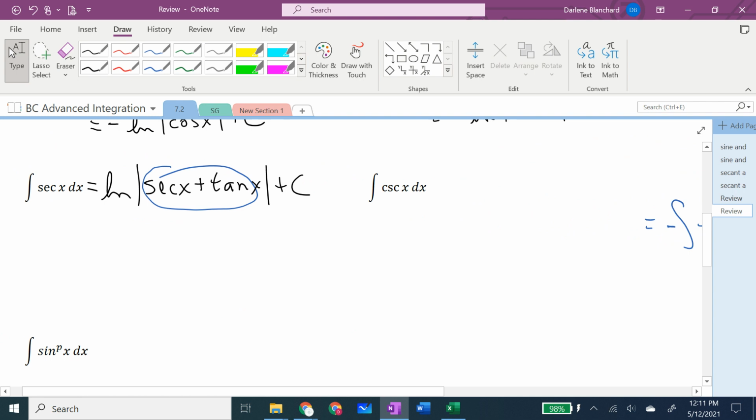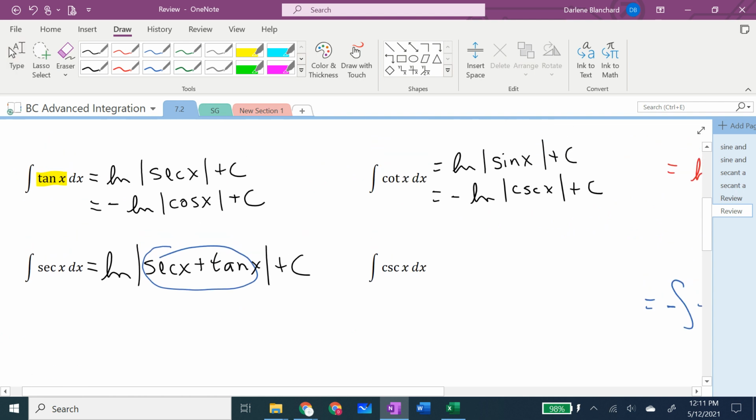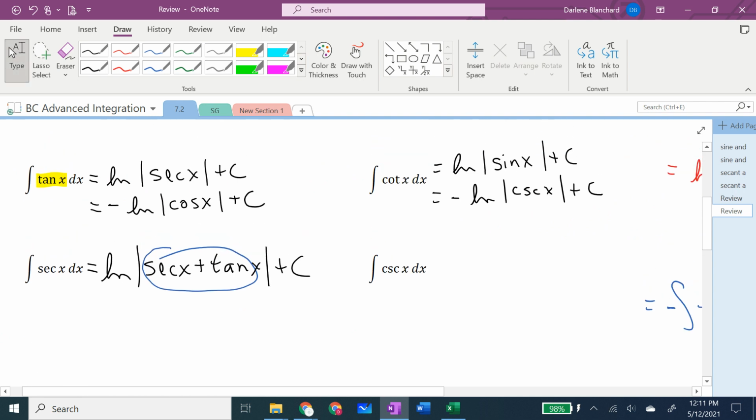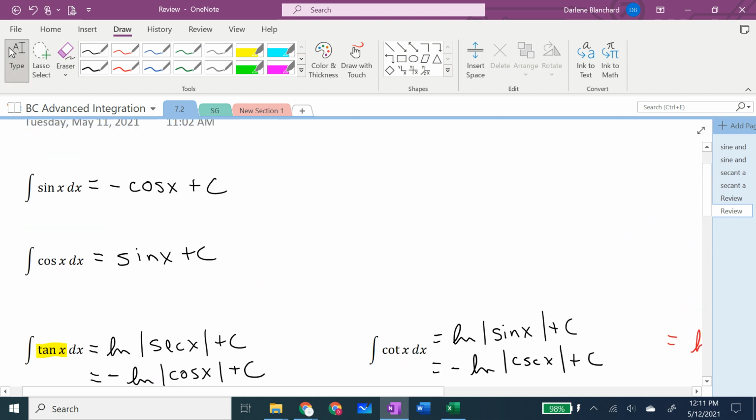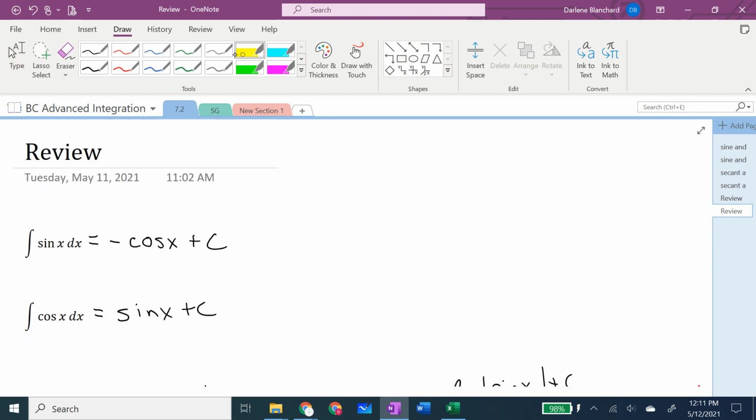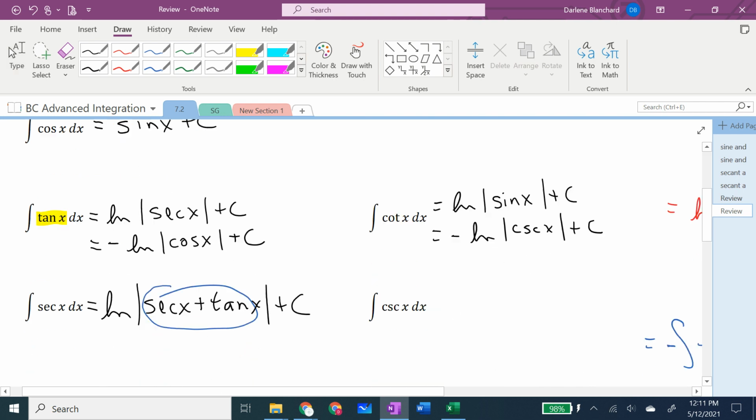And in a way, I find it actually helpful to do things in the way of, let me show you. If the answer to my integral involves a co, it's negative. Watch this.